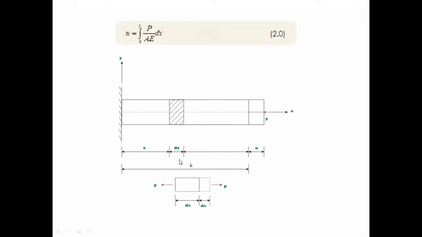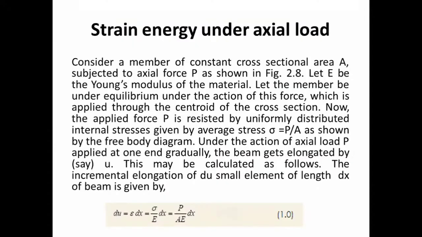Now after the force is applied, how much is the elongated length? It is du. So how much is the deformation that has taken place for this small part? du. So the change in length is du divided by original length dx. That is strain, epsilon, that we say.